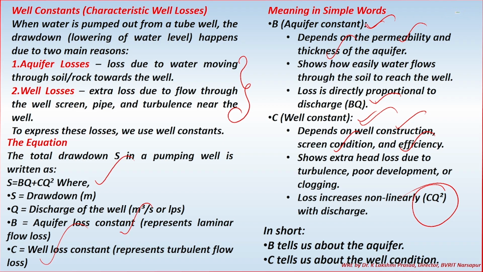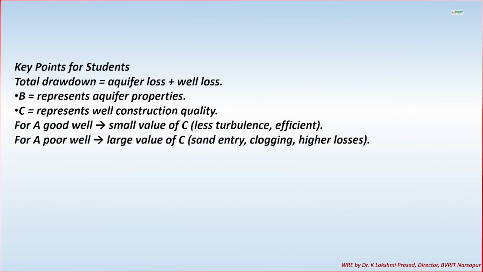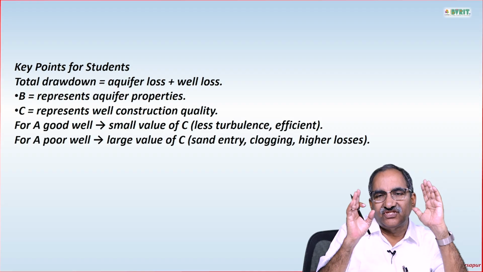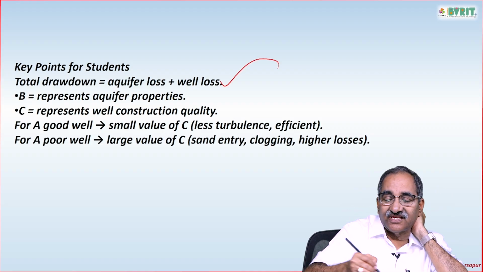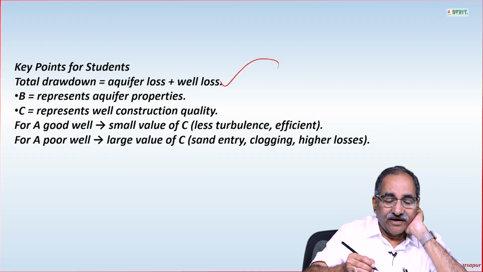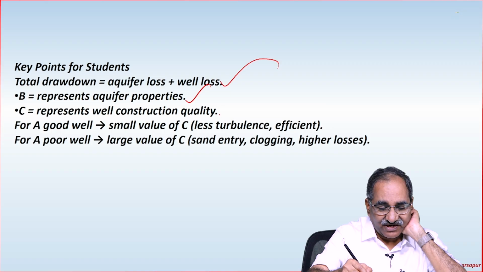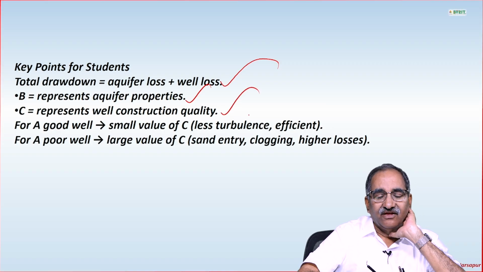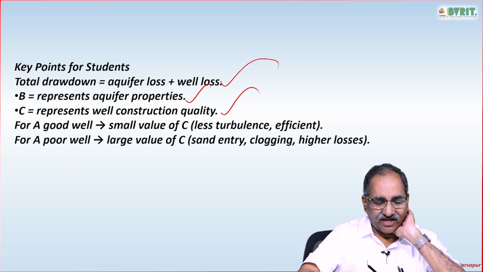Finally, what is B and what is C? B tells us about the aquifer. C tells us about the well construction or well condition. So the final takeaway is that drawdown equals BQ plus CQ²: total drawdown is aquifer losses plus well losses, B represents the aquifer properties and C represents the well construction quality or condition.